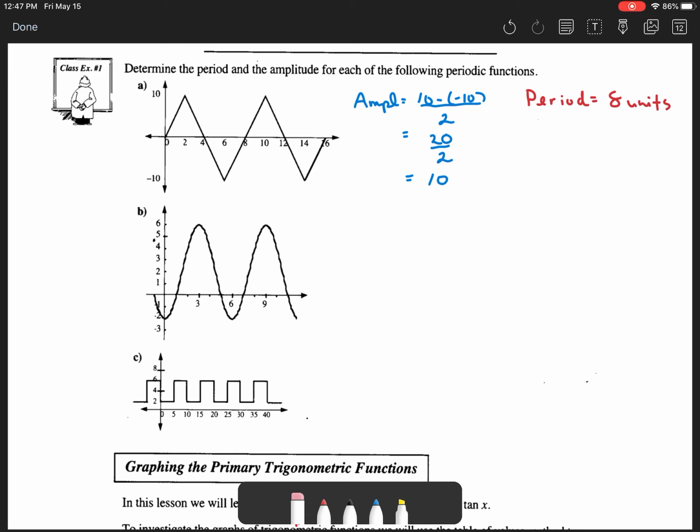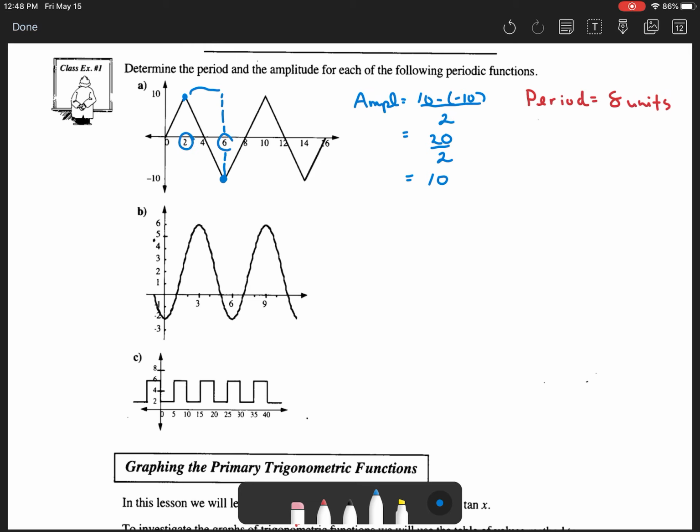Now the third way we can do this is the following. And this comes with usually trickier questions when they don't give you a picture of the full graph. If I know from what I just said that from max to max gave me the period length of 8 units, and these graphs are symmetrical because they keep repeating over and over again, that would therefore mean that the max to the minimum, so there's the minimum, would be half of the period length, wouldn't it?